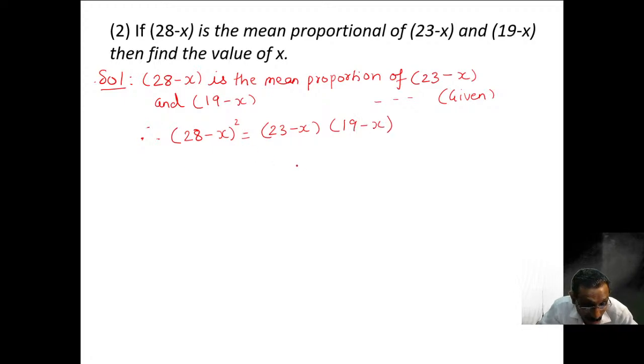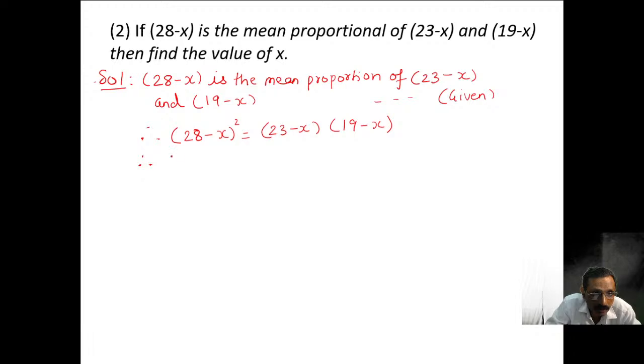So this we got from the mean proportion. Now, if you look at this, what does it resemble? Does it resemble a formula like a minus b the whole square? So we can use this a minus b the whole square. So let us use this.